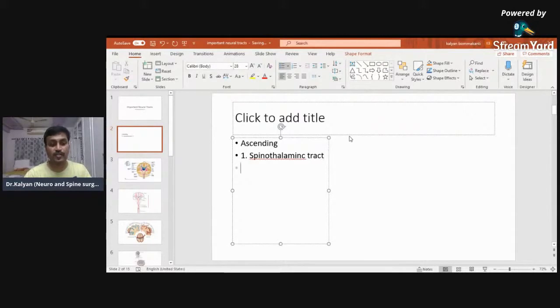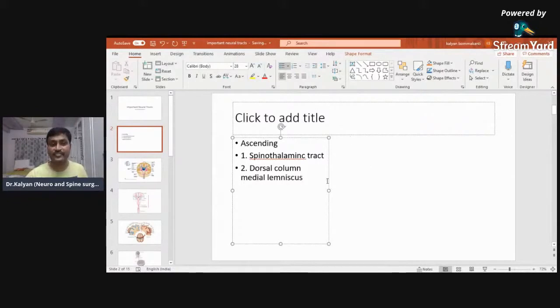The second is the dorsal column medial lemniscus tract. These 2 are the important ascending tracts. By ascending tracts, I mean the sensory tracts which carry the impulses from the periphery to the brain.